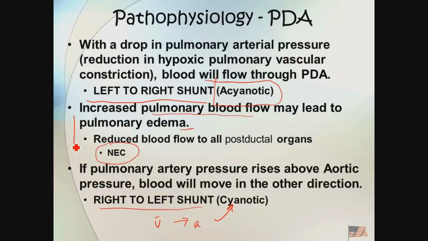When you have reduced blood flow to postductal organs, anything postductal would have reduced blood flow? Mm-hmm. Kidney. Wouldn't that leave you cyanotic though? No, not necessarily. You might have a lower blood pressure, but it's not necessarily going to be cyanosis. Maybe peripheral cyanosis, but even then, not so much.